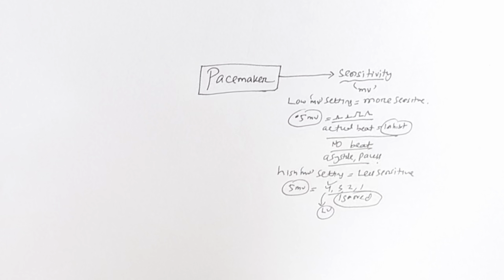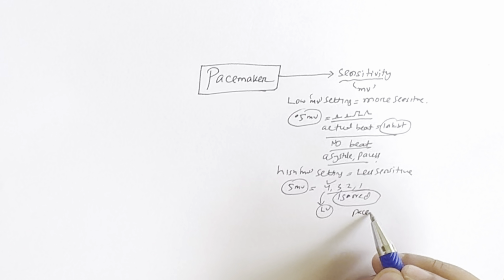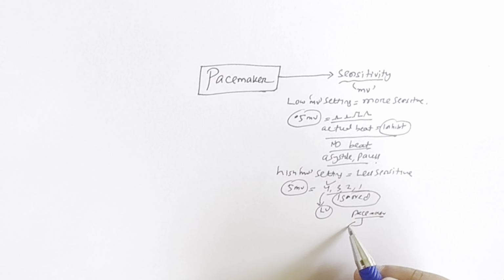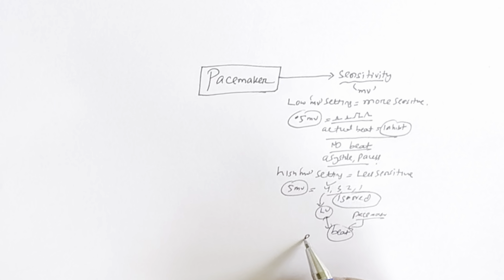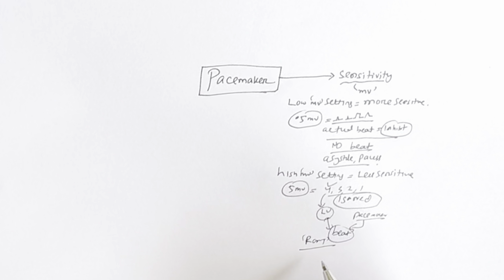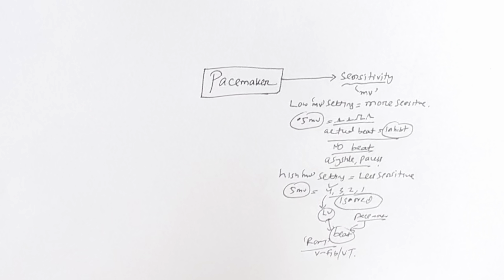So at 4 it gives a beat. The pacemaker gives a beat on top of the left ventricular contraction. So what will happen? There can be R on T phenomenon, producing ventricular fibrillation or ventricular tachycardia, right?